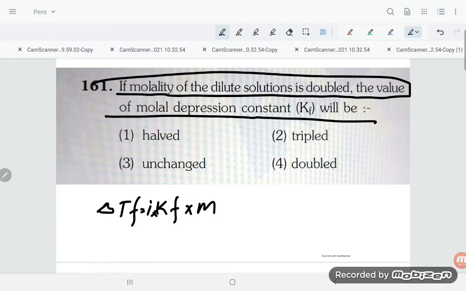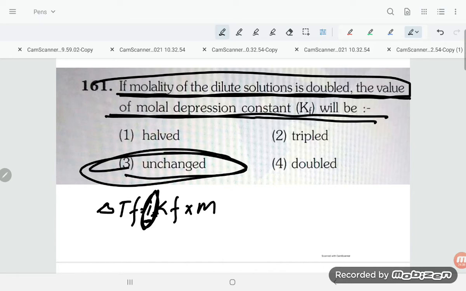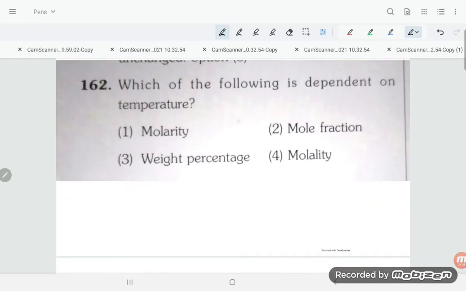Kf does not depend on the concentration of the solution, it only depends on the nature of the solvent, so it will be unchanged. So if the molality of the dilute solution is halved or doubled, the molal depression constant will be unchanged. Option number 3. Let's move to question 162.